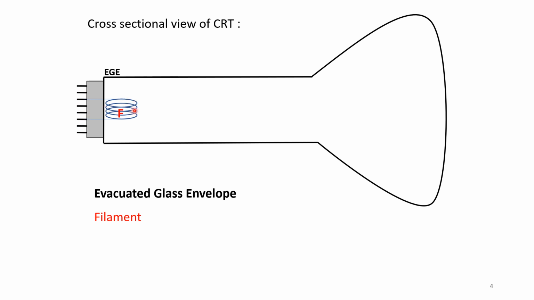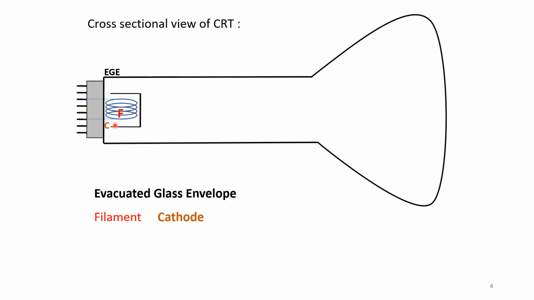It is connected to what is known as a filament. By passing suitable current through this filament, it is heated, and then this is covered by a cathode.